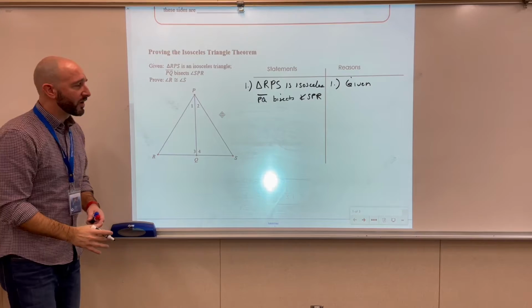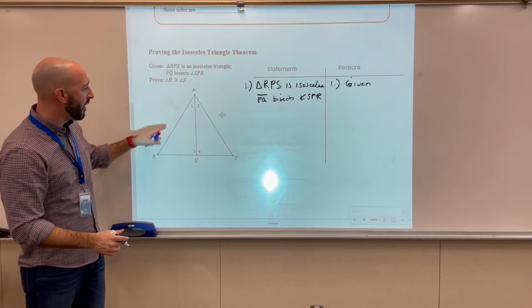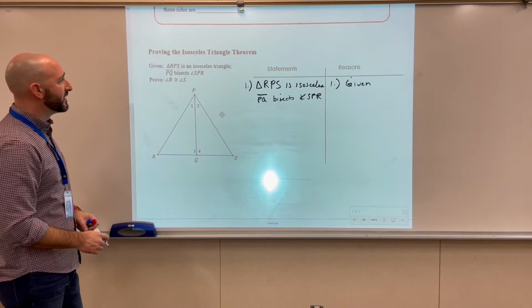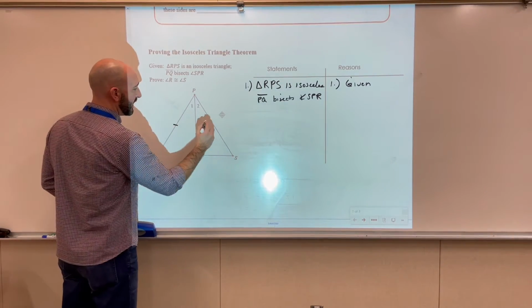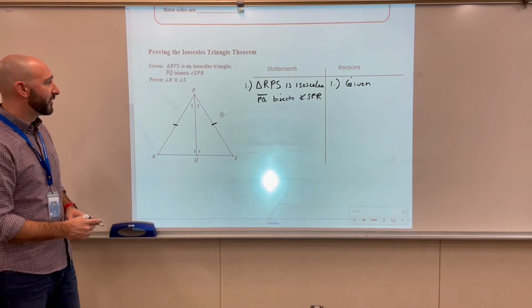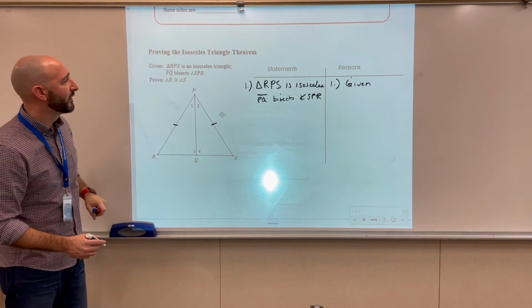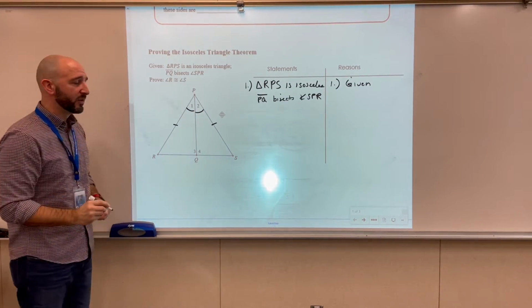So let's go ahead and mark our diagram appropriately based off of what our given information tells us. So RPS is isosceles, which means that two of the sides are going to be congruent. In this case, I'm going to say that RP is congruent to PS. That's by the definition of an isosceles triangle. And what we also know is that PQ bisects angle SPR, so that means angle 1 and angle 2 are going to be congruent.